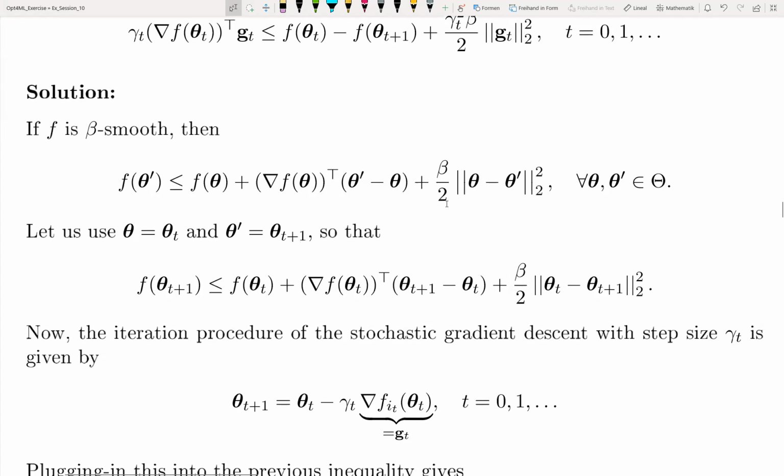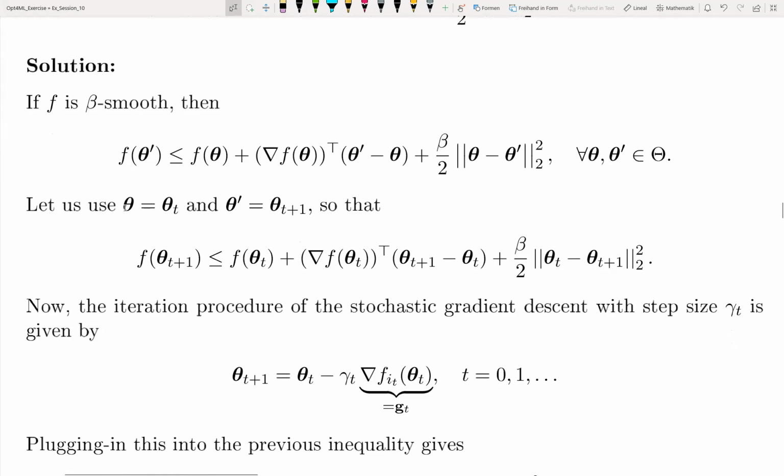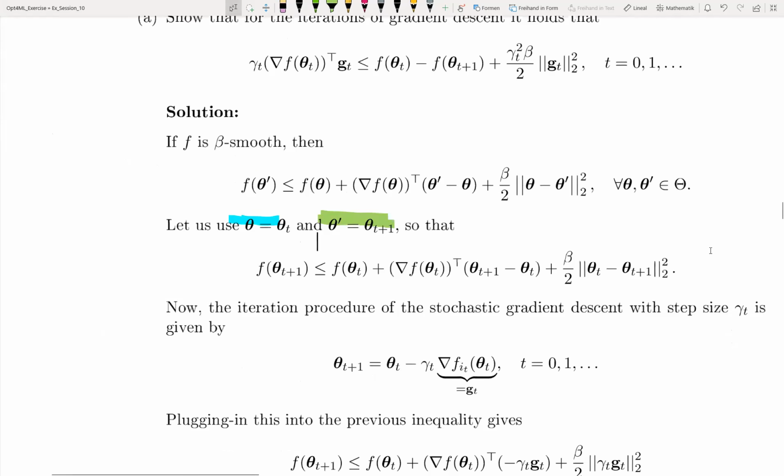And the question is, of course, which thetas should we use? Which thetas and theta primes? And the thetas we want to use are the current iteration, and for the theta prime, we want to use this one.